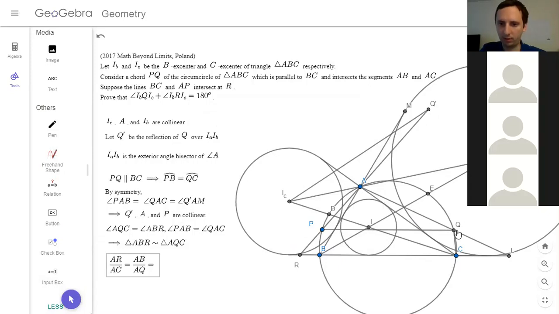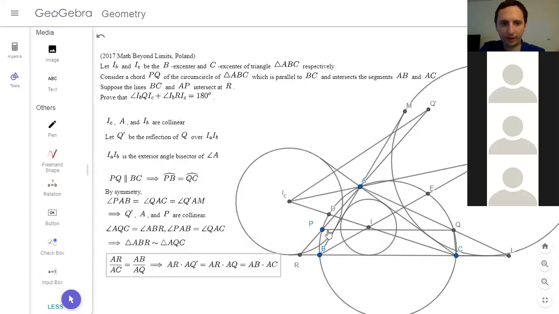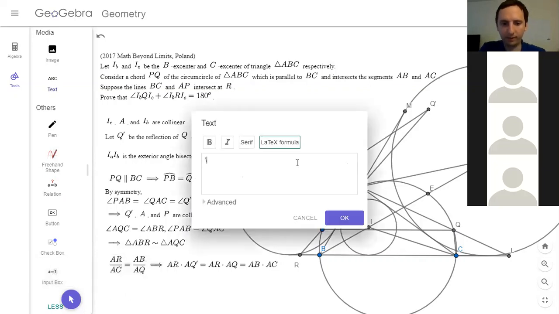And so that AR times AQ is equal to AB times AC. Ah, so it's even easier than I thought. We actually don't even need to use the parallelism again. And once we have that, that means that we have the cyclic quadrilateral, and then that finishes the proof.